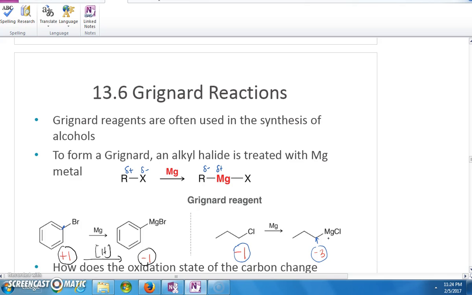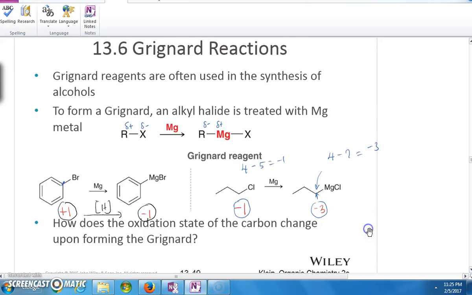The reduction has occurred because if you look at this carbon here, ordinarily carbon is 4, and now you have -7 plus 4, which gives -3 here, while here is 4 minus 5, which is -1. So that's a Grignard for you.